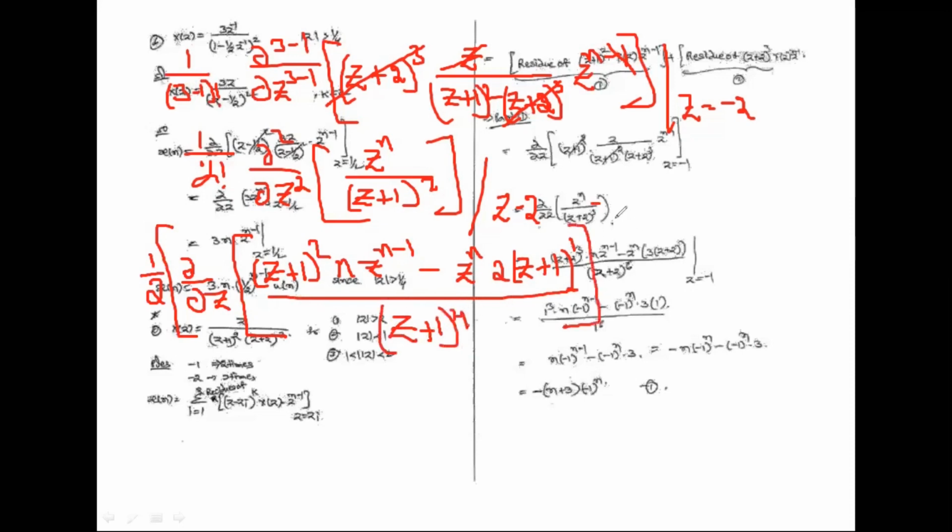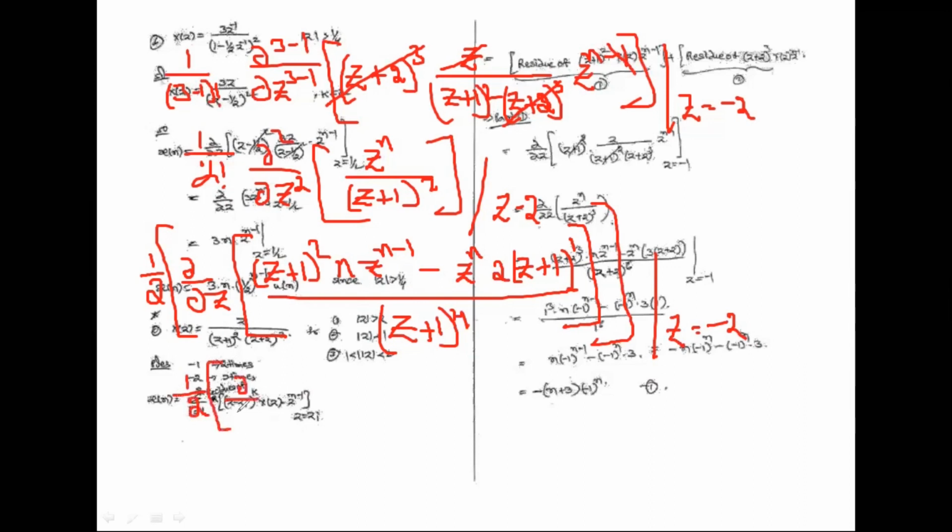Got it, my dear students? At z is equal to minus 2. And again, you can simplify here. Inside, it is simplified, 1 by 2.